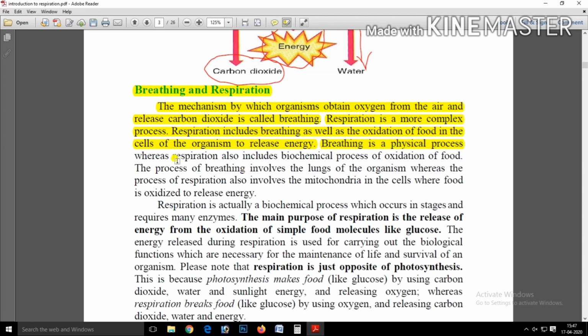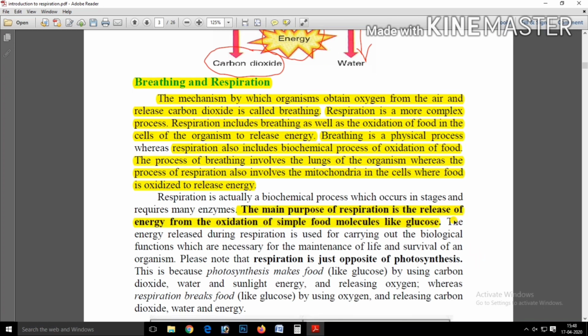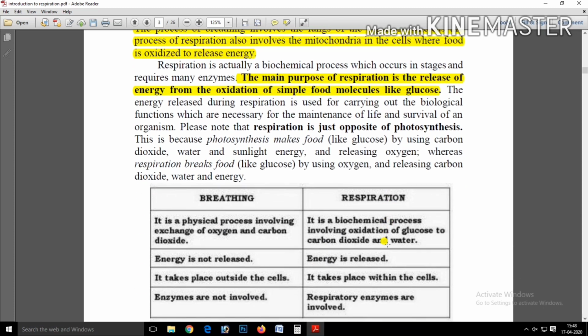That means the breathing process is involved in respiration. So we can say that the main purpose of respiration is to release the energy from the oxidation of simple food. That means burning of food. Now burning of food is called oxidation because the inhaled oxygen is used in the process of burning.